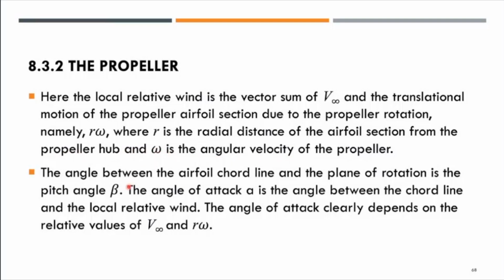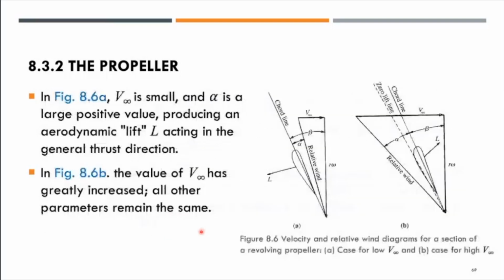The angle between the airfoil chord line and the plane of rotation is the pitch angle beta. The angle of attack alpha is the angle between the chord line and the local relative wind. So the angle of attack alpha clearly depends on the relative values of free stream velocity and radial distance times the angular velocity omega.